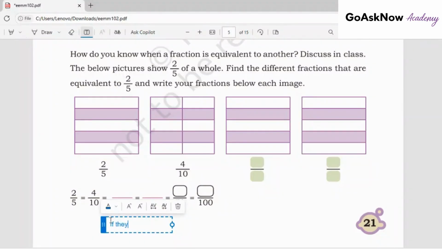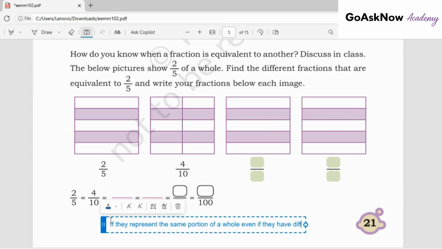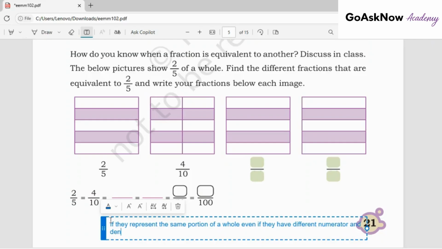If they represent the same portion of a whole, even if they have different numerators and denominators. Here the portion of the whole is the same.